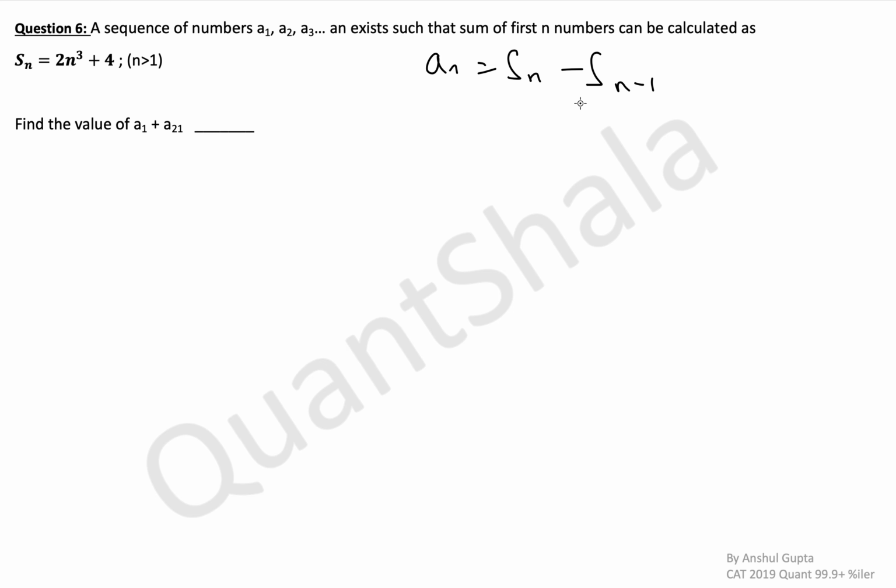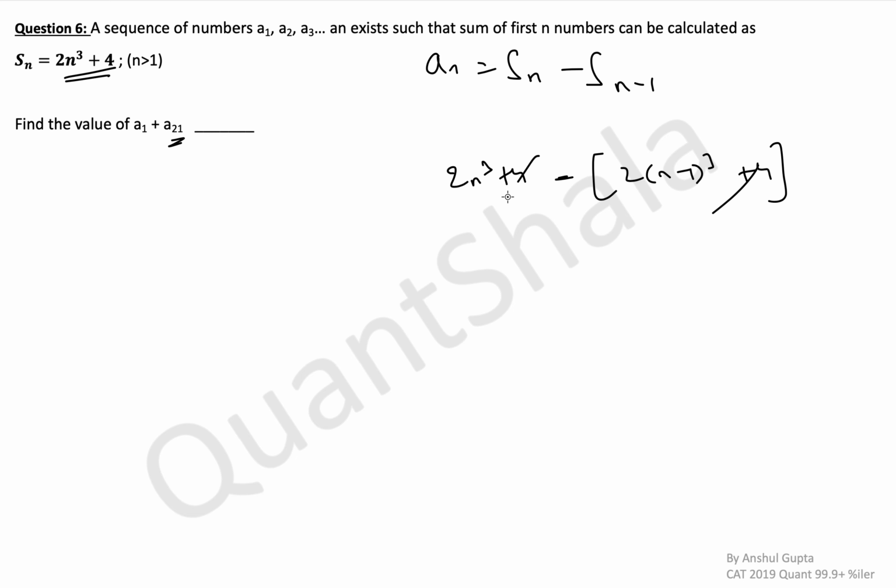You don't need to calculate it generically here because all we need is a21. You can just directly put n equal to 21 and n equal to 20 and subtract those values to get the answer. But I'll still solve it generically for you. Sn is 2n cubed plus 4 minus 2(n-1) whole cubed plus 4.